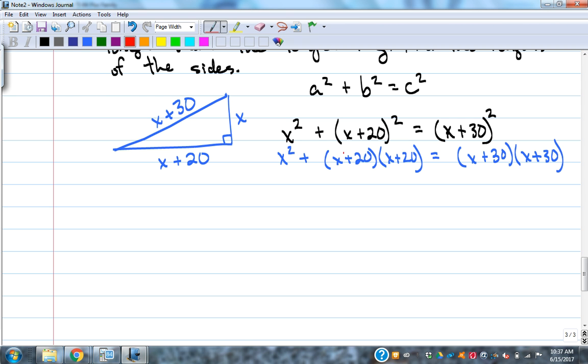So this one, I'm multiplying x times x is x squared plus 20x, and then multiply 20 times that, so it'll be 20x plus 400.